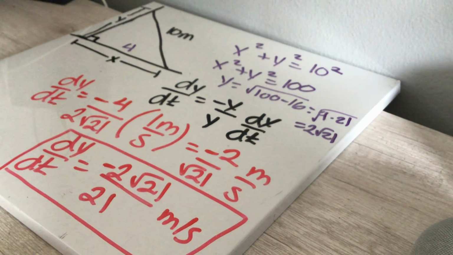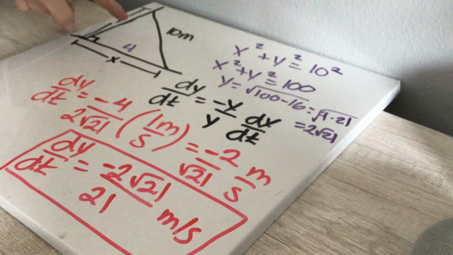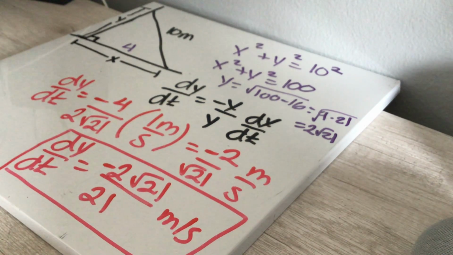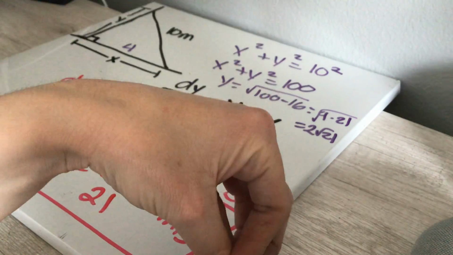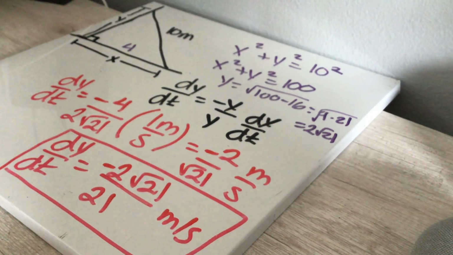So you're going to have two different things changing, right? It could be the ladder moving away from the wall. It could be you have a cone and you're filling it up with water, right? How is the volume changing if the height of the cone is changing at a given rate, okay?